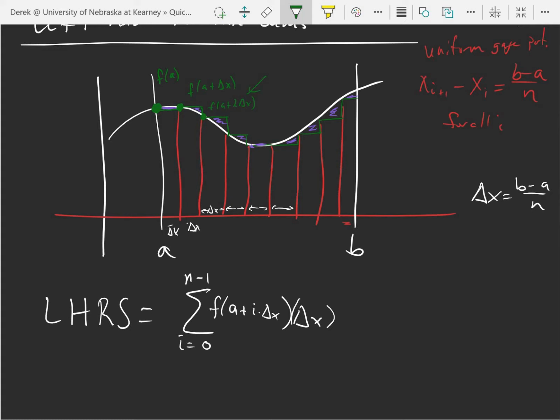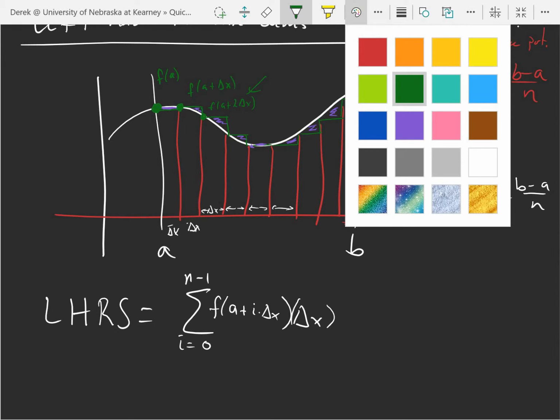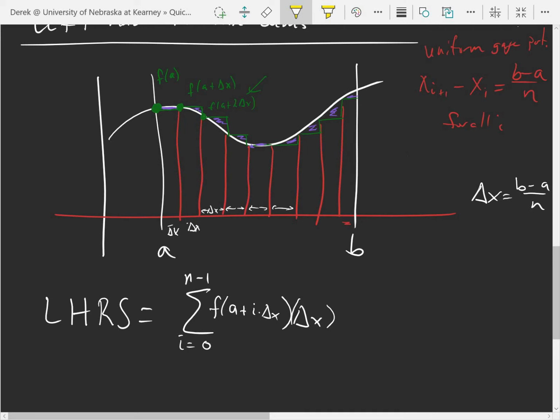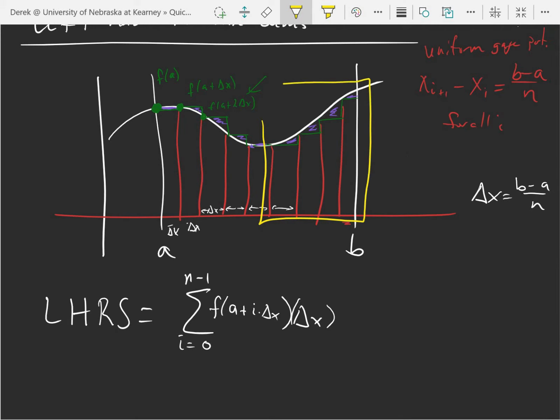So I can compute these with no problem if I know the function formula. I can just plug in these values at each of the points and get that computation, rather than finding the minimums and the maximums. And this is sort of a better estimate in some sense than the lower or the upper, because it's halfway between the lower and the upper when the function's not monotonic, right? In this area where the function is increasing, I'm going to be underestimating.